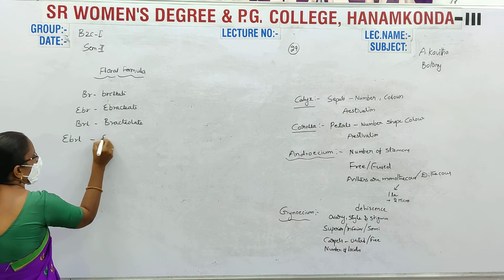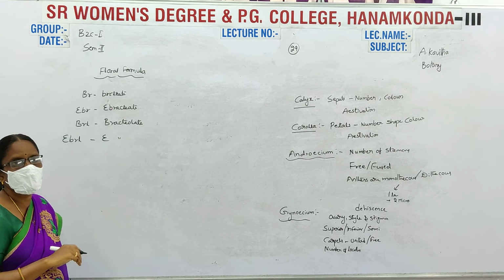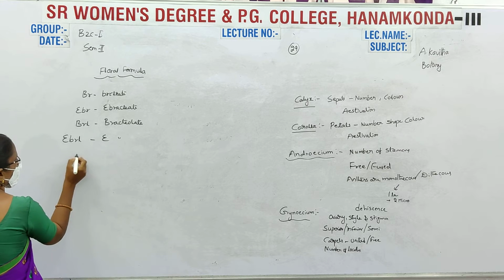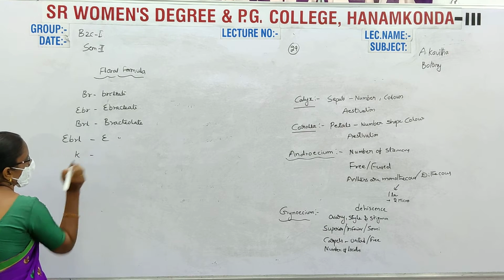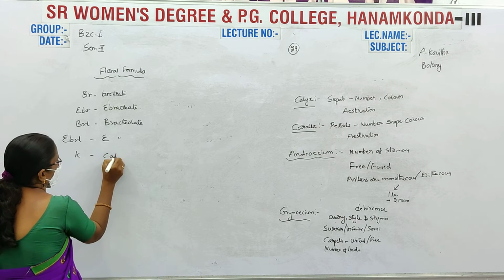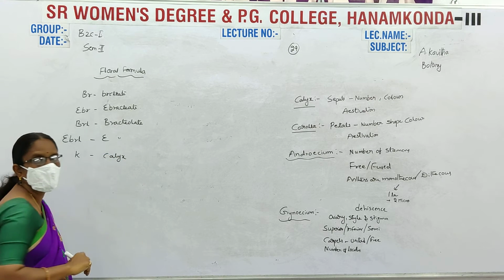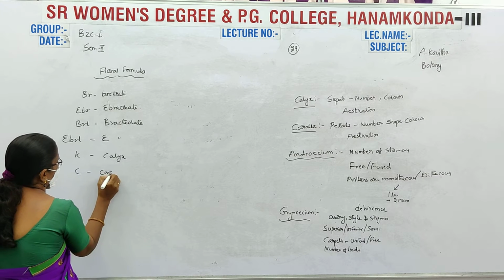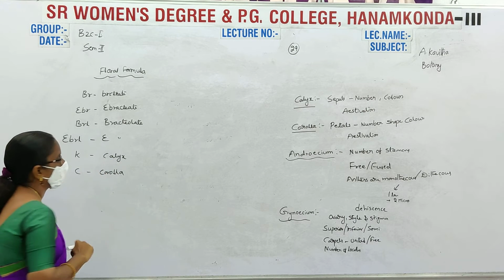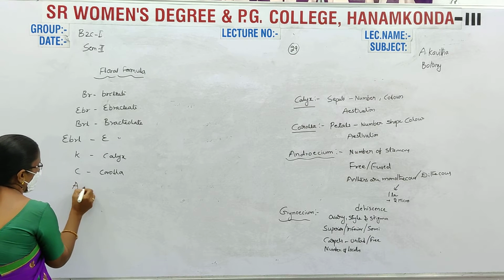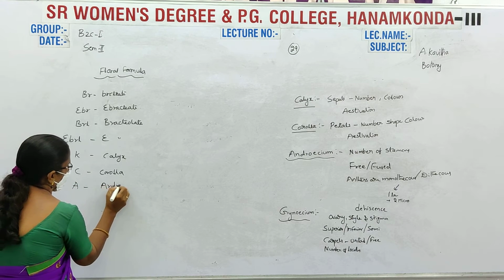Ebrl, ebracteolate: bracteoles are absent. And next one is K. K means calyx. Next one, C, means corolla.